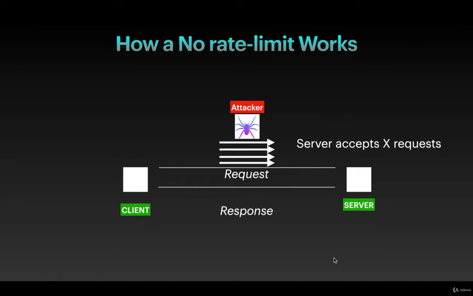The client sends X requests and the server accepts all X requests, fulfills them, and gives a response for all the requests coming from the client. Here is your response. Get your results. In this case, the server is not properly handling or checking how many simultaneous requests are coming from the client, and this leads to a no rate limit.